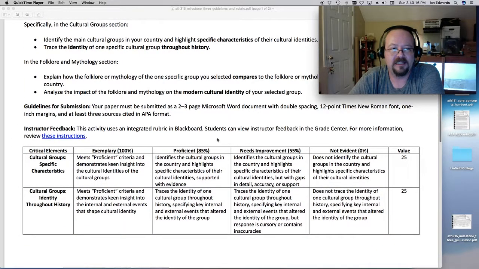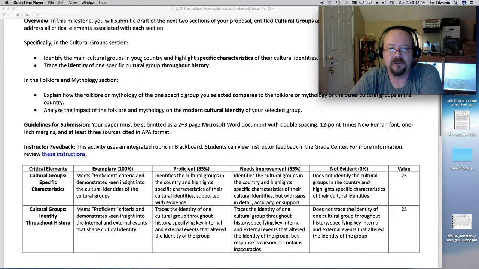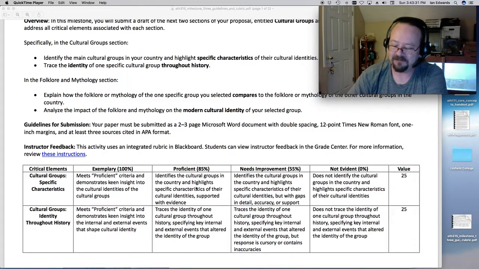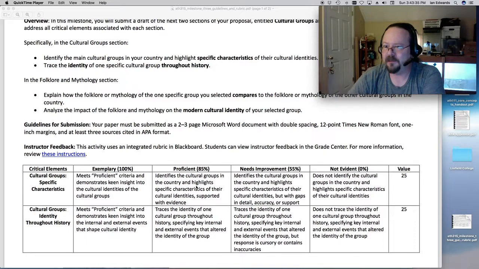You'll see that here we have identify the main cultural groups in your country and highlight specific characteristics of their cultural identities. All right, so let me give you an example. Say you picked the states. I'll use this since you can't use that for your final project. There are lots of different cultural groups here in the states.